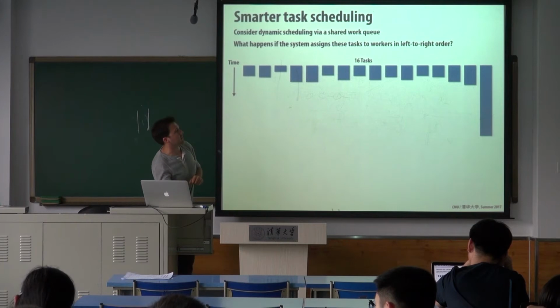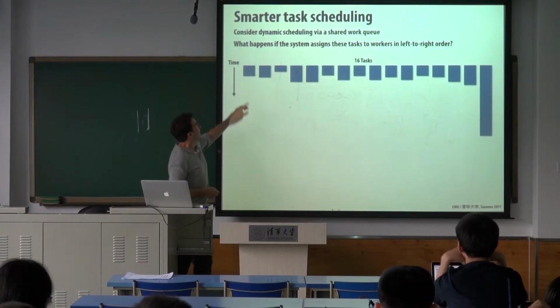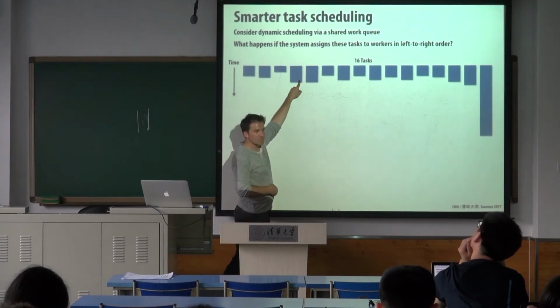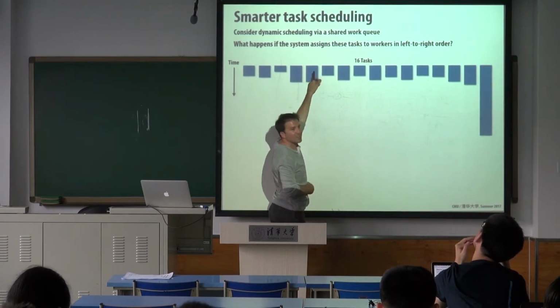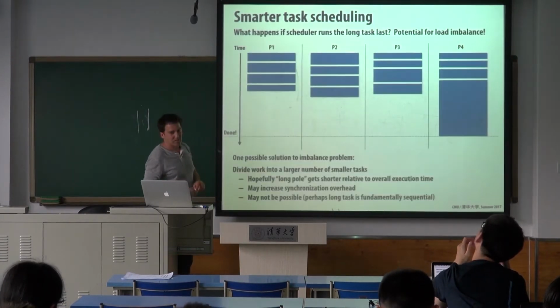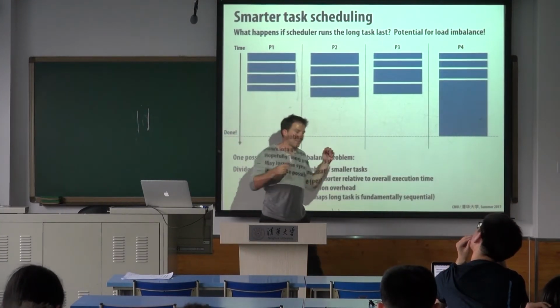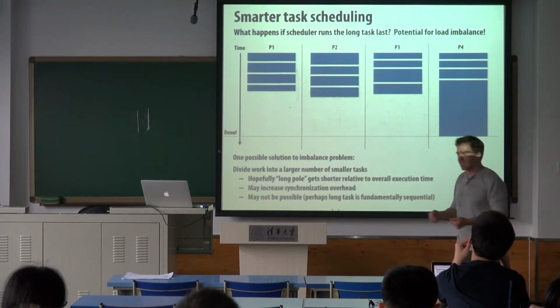So let me draw it for everybody. So I used the algorithm on the previous slide, and I assigned this task to processor 0, 1, 2, 3. Probably this one got done first, so that would lead to 0, or whatever. So I assigned the work to the processors that way. And then the last thread to get a piece of work got one.